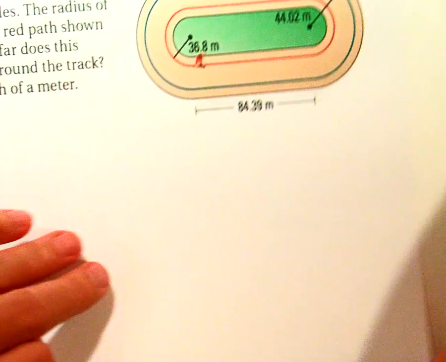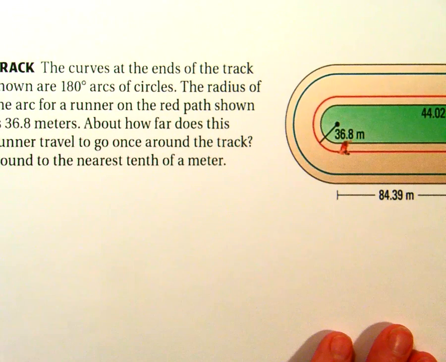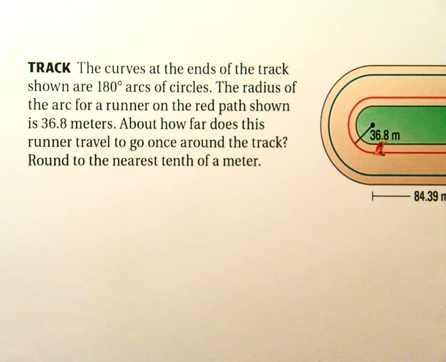A little exercise here. Let's look at this. Here we've got a track. The curves at the ends of the track are 180-degree arcs of a circle. The radius of the arc for the runner on the red path is 36.8 meters. About how far does the runner travel to go once around the track?